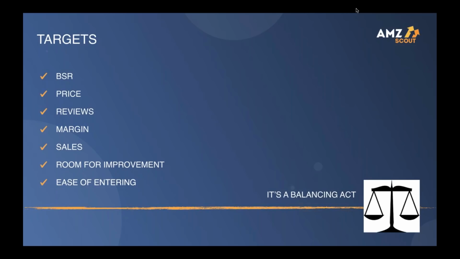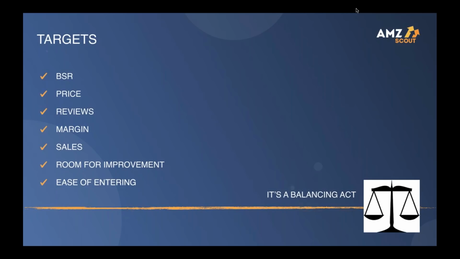Now, the most important thing to remember is that it's a balancing act. It's not that often that you're going to find that golden goose, that golden egg that's going to fit every single parameter that you want. So you might have to take a look at your business plan and figure out what works for you. We can give you some basics, but this is something that you need to figure out for yourself.